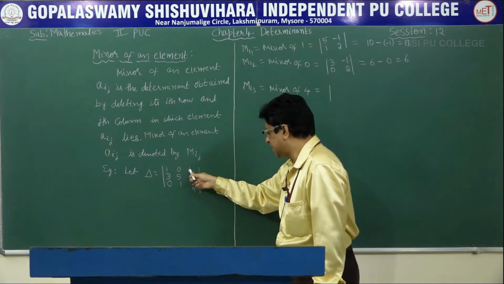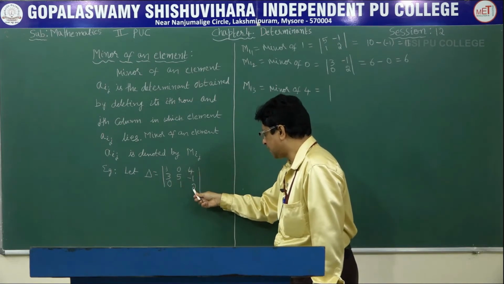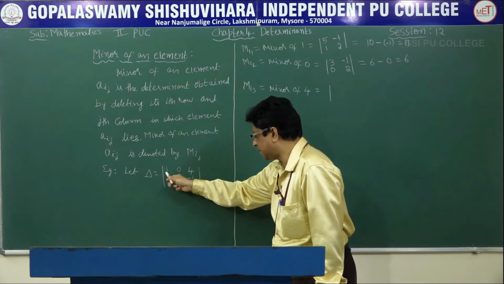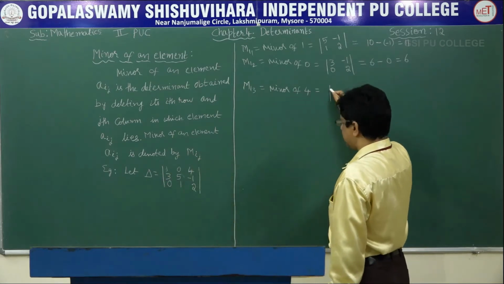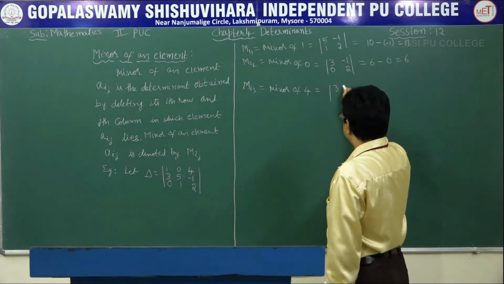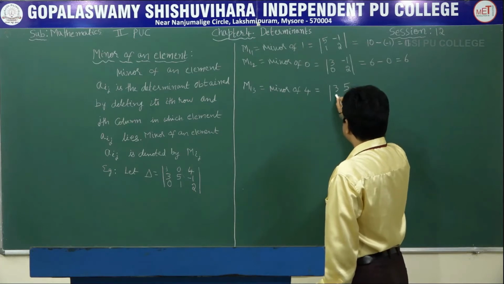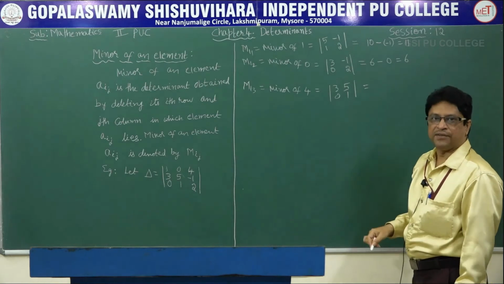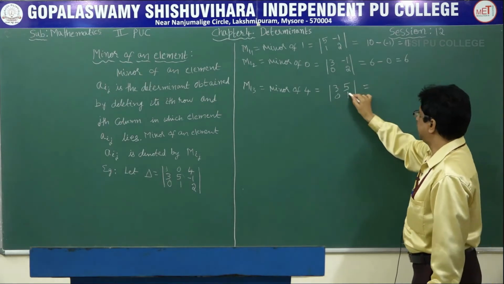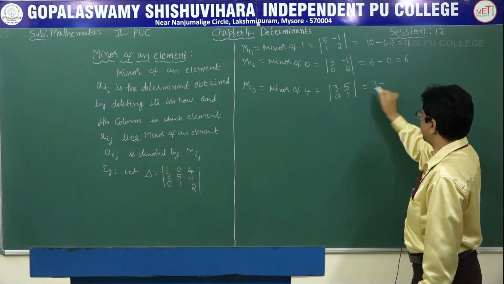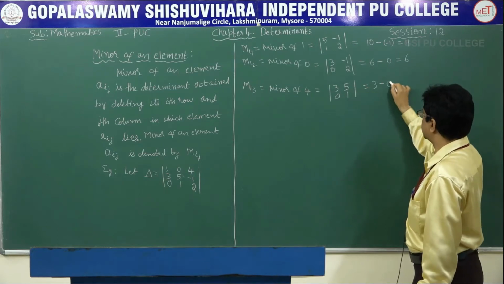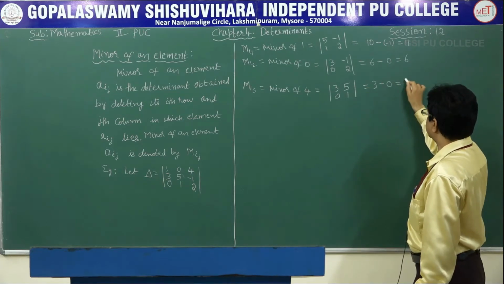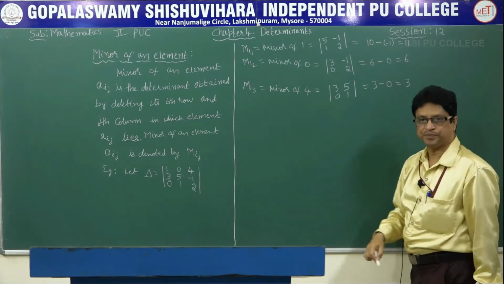We eliminate the first row and third column and take the determinant of the remaining elements, that is determinant of 3, 5, 0, 1. So that will be equal to 3 into 1, 3 minus 0 into 5, 0. So 3 minus 0 is 3.